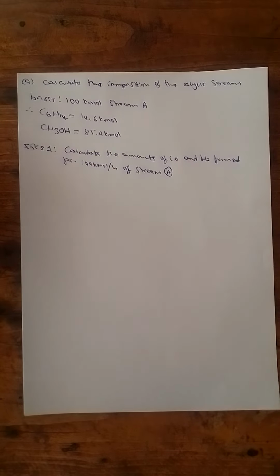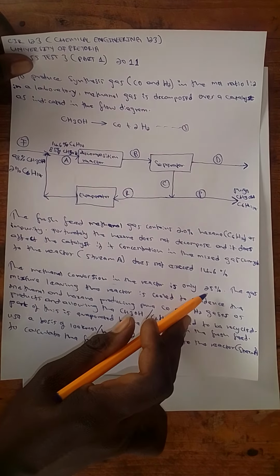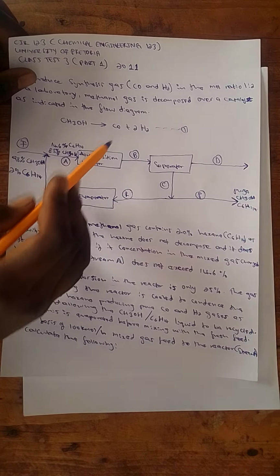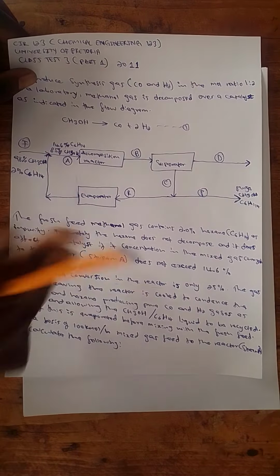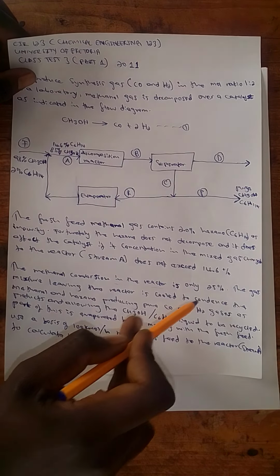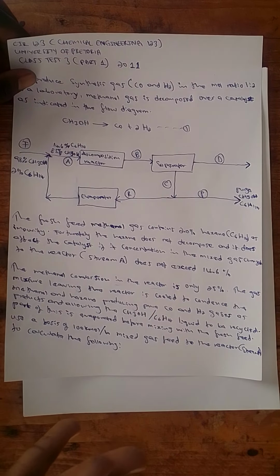So now with that said, the easier way to calculate this, especially because we have been told that the conversion in the reactor is not complete, it's 25%, is to actually calculate the theoretically possible CO and H2 first, and then use the conversion percentage to calculate the actual CO and H2 that is produced.